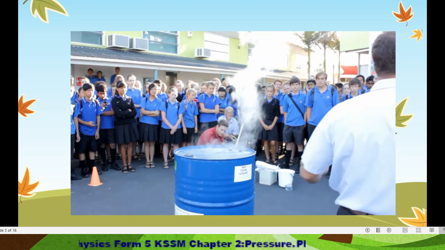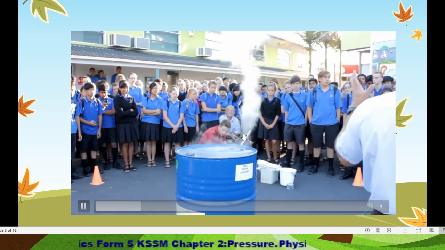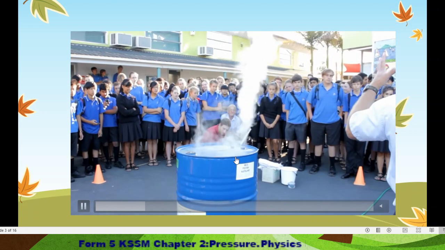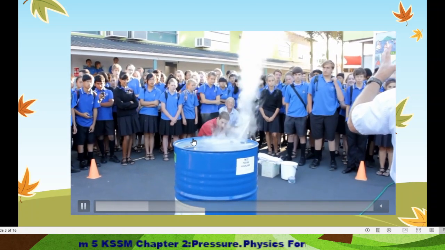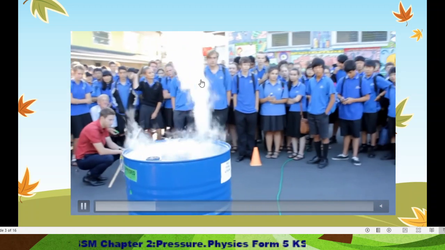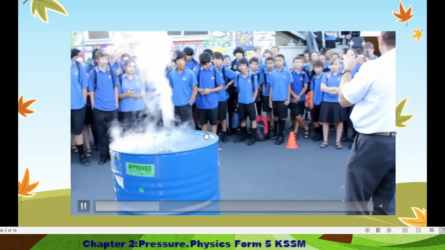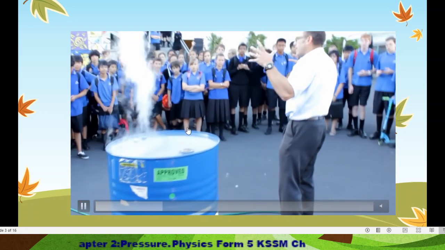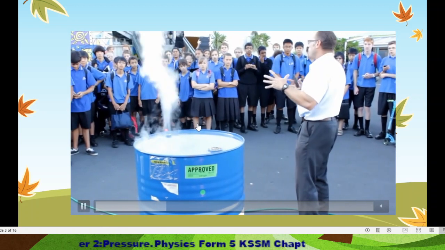Boil the water until you can see the steam coming out from the opening at the top here. When the water changes to steam, the steam that comes out will displace the air molecules in the can. So meaning the can is now filled with steam.